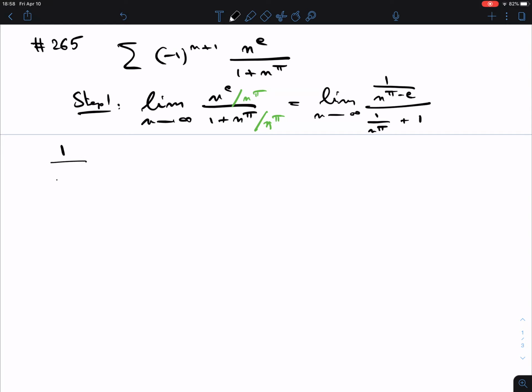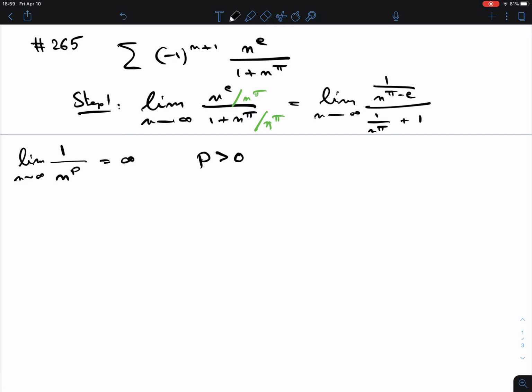So the limit of 1 over n to the power p is 0 if p is bigger than 0, if it's a positive power. If it's a negative power, it's not so, because then the negative power makes it a reciprocal, and the limit would be infinity.